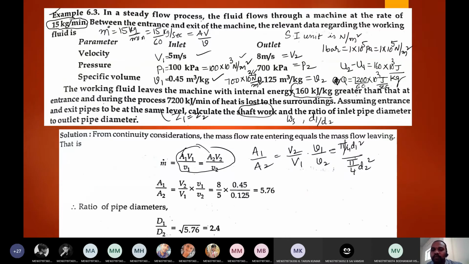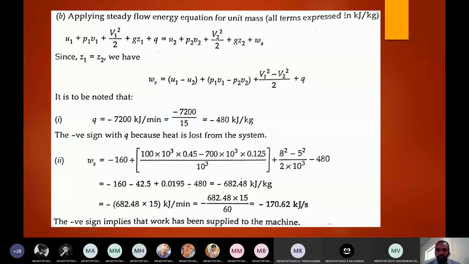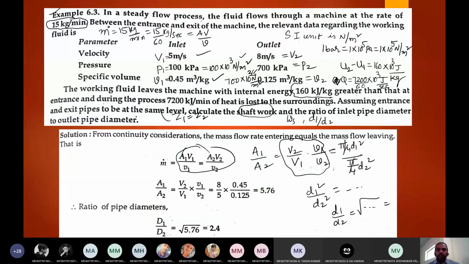Pi by 4 will be cancelled, and if all values are there, we can substitute. Therefore d1 square by d2 square you will get as some value, and for d1 by d2 you take the square root of that value to get the answer. Clear? The ratio of diameters is completed.